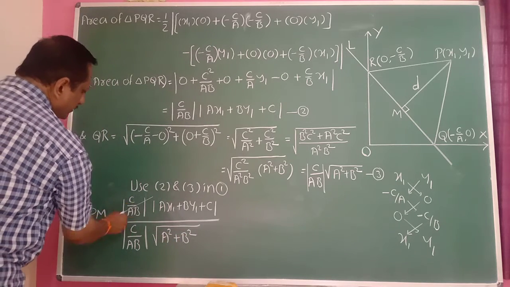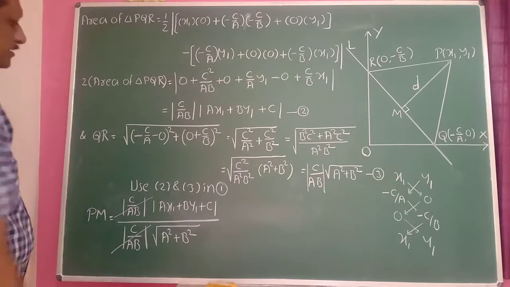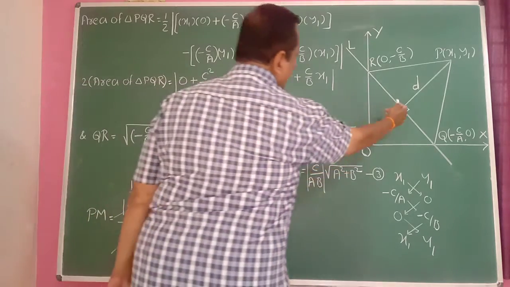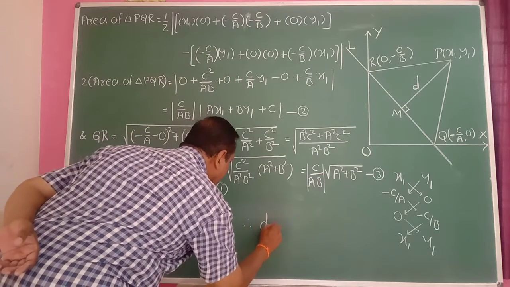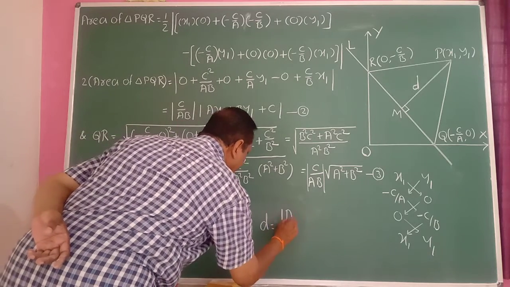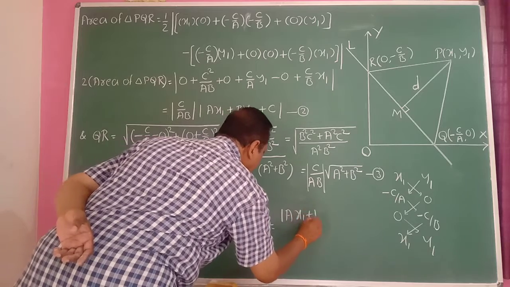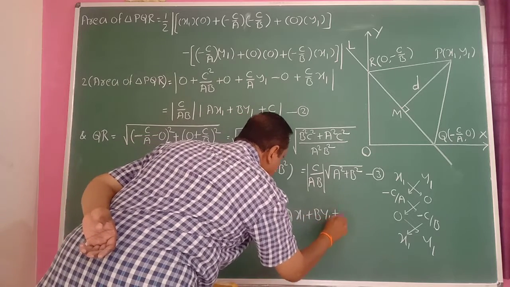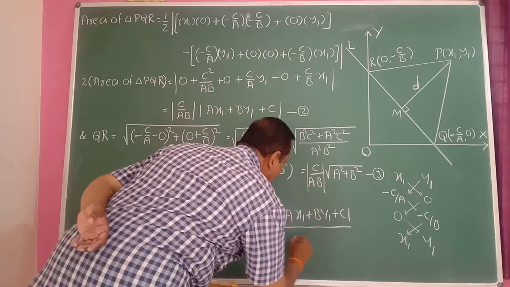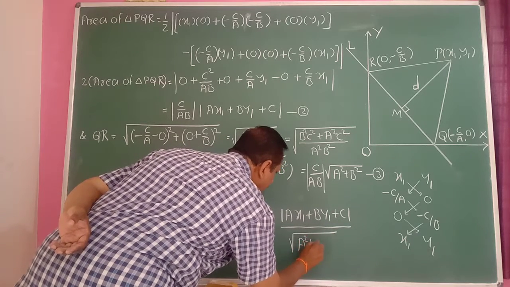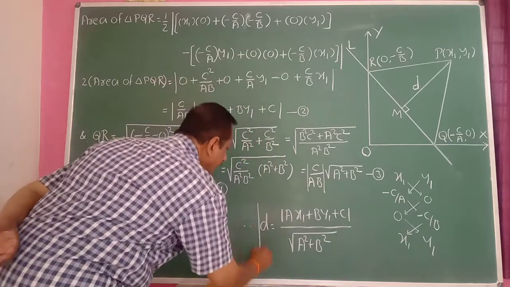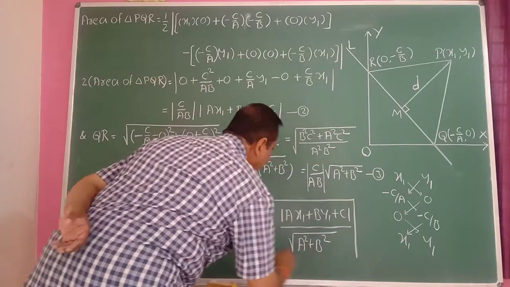Then this term gets cancelled here. Here you know this distance PM is d here. Therefore d is equal to modulus of ax1 plus by1 plus c divided by root of a square plus b square. So this is the important theorem here.